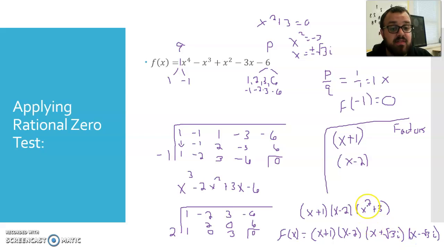And there we go. I've now fully factored this polynomial. I found all the rational roots, which also happened to be my real roots, and then I had two complex roots, but I was able to write out all of my factors.